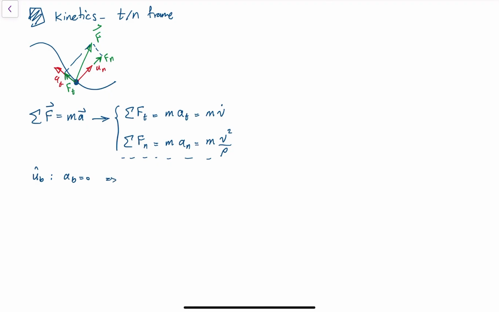So if you want to be concrete, sum of forces in that third axis is going to be mass times AB equals 0. So you should conclude that any force that is out of this plane made by UT and UN, the forces should add up to 0.